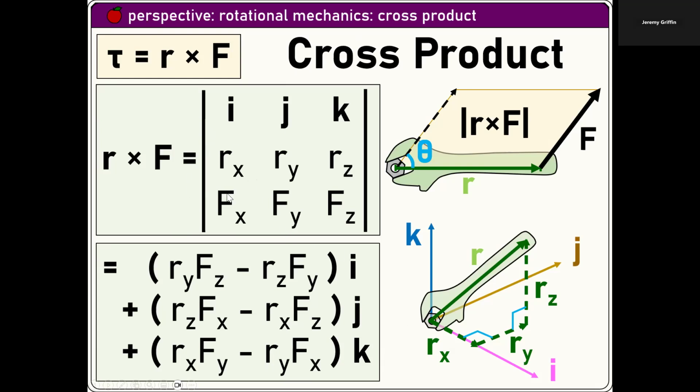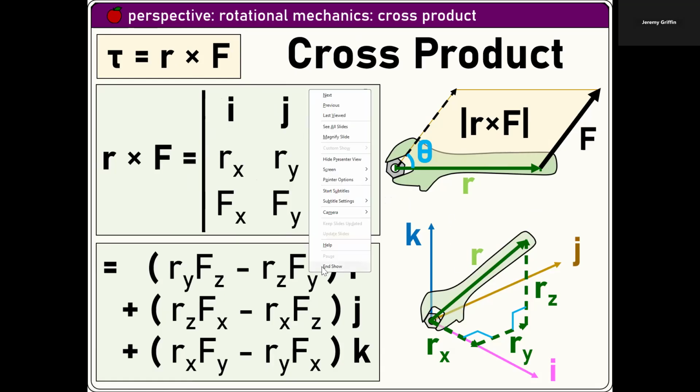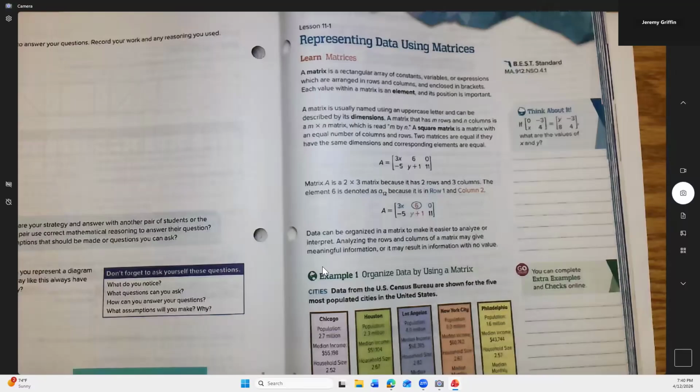There's a matrix involved here. What you're looking at is called a determinant, which is a few sections ahead of where we are. But you can take this data and organize it in a matrix: what's this radial arm, what's this force, what angle is this at, to make sense of the torque, not just the magnitude, but also the direction of that torque. So that's a good physics example.